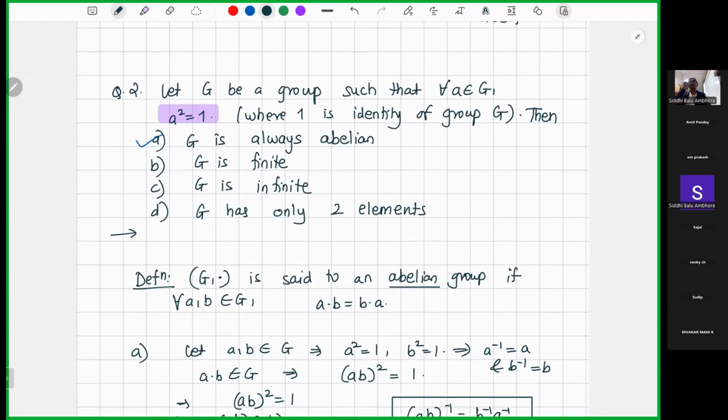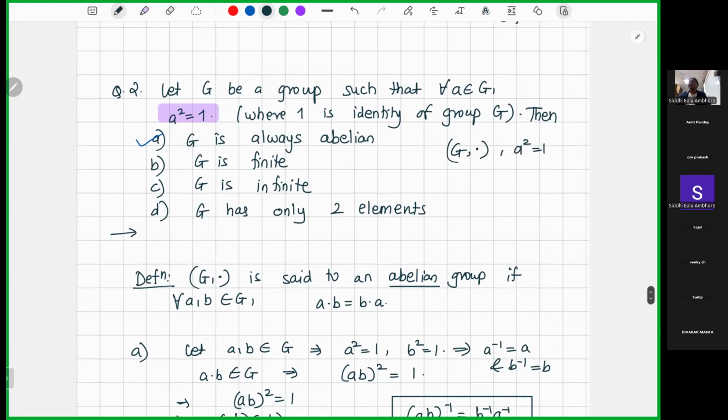A square is 1 means I'm considering this: the operation here is multiplication, and the identity is my 1. And if I am writing G under group addition, then it means that A plus A is equal to 0.